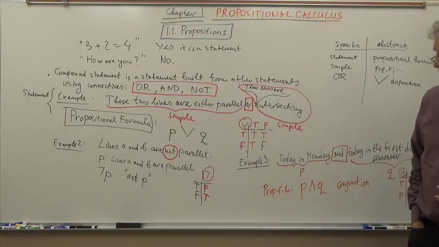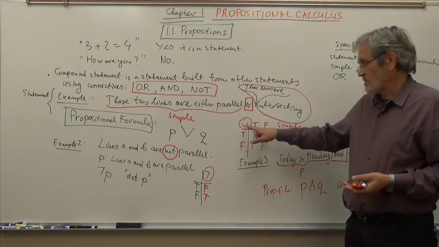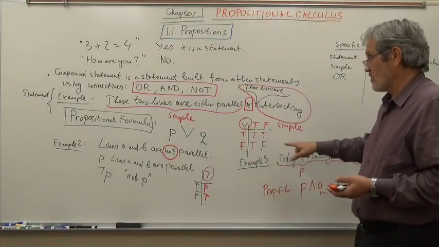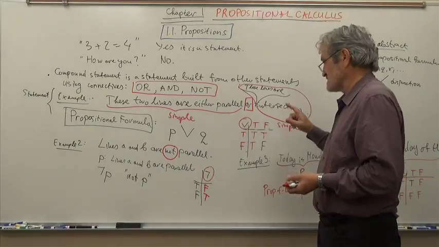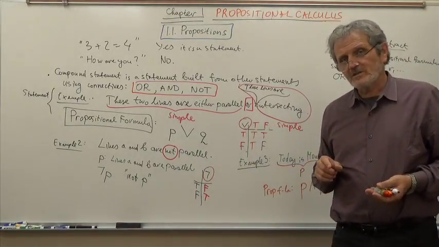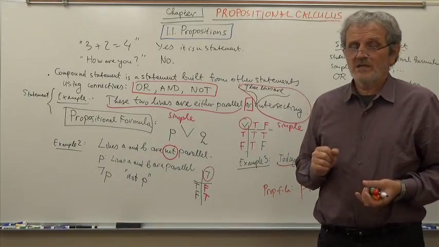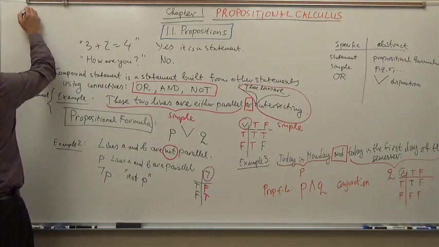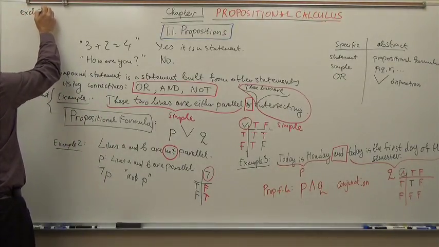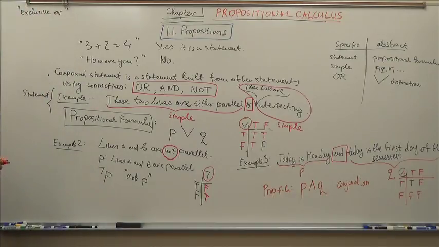One thing where you might disagree: very often when people hear or, like either parallel or intersecting, people hear that as an alternative, so one or the other but not both. That is called exclusive or. We'll rarely use it in our course, but just so that you don't mix it up.